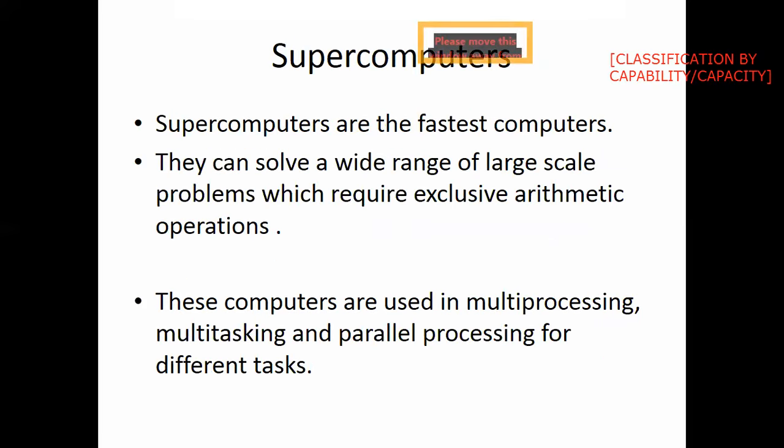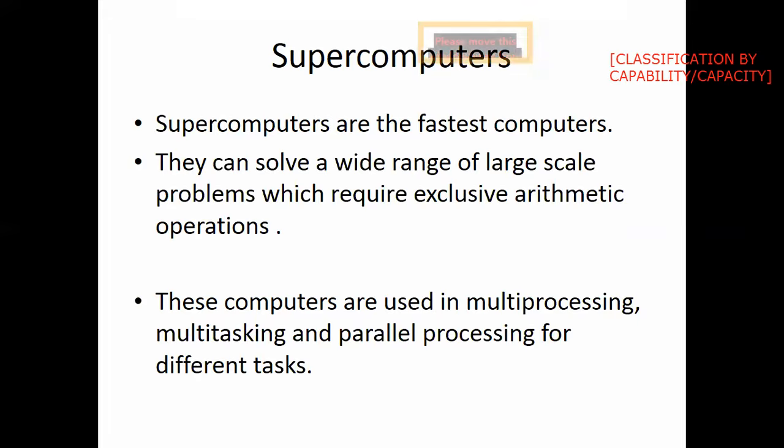The last type of computer in this way of classifying them is the supercomputer. Supercomputers are the fastest computers. They are able to handle a lot of users at the same time, thousands or maybe even millions of users.